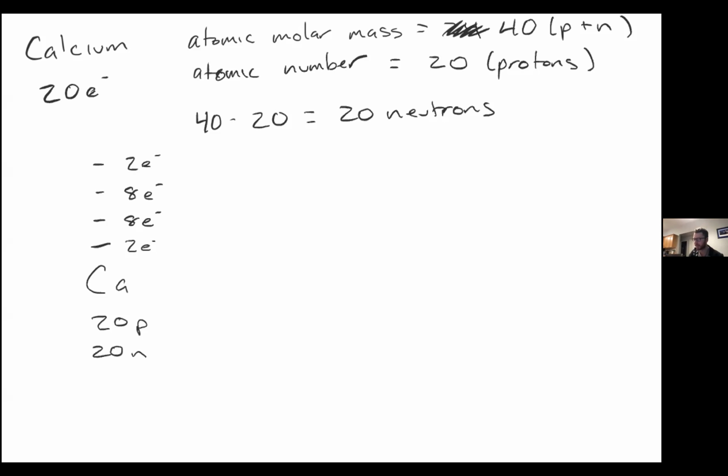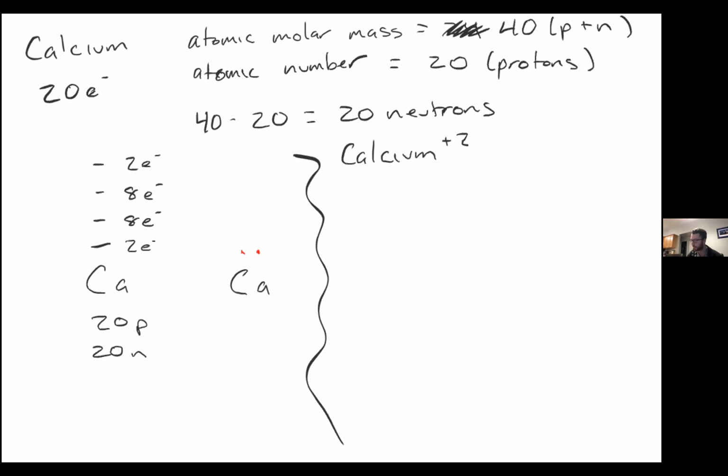So that is for calcium. For the dot diagram, calcium itself has 2 valence electrons.